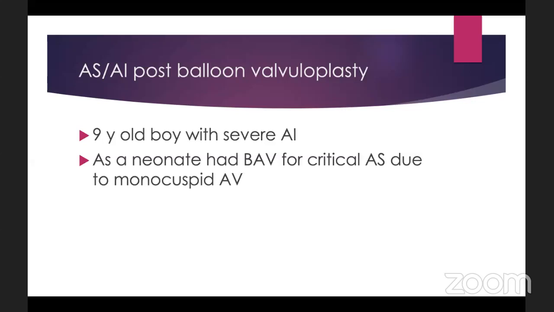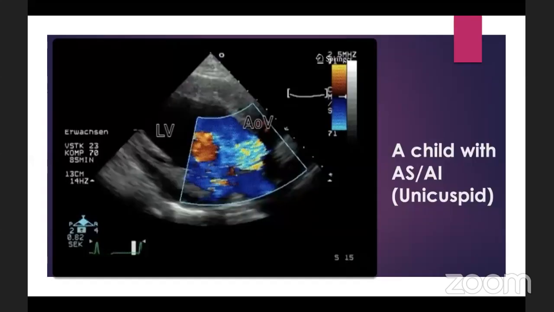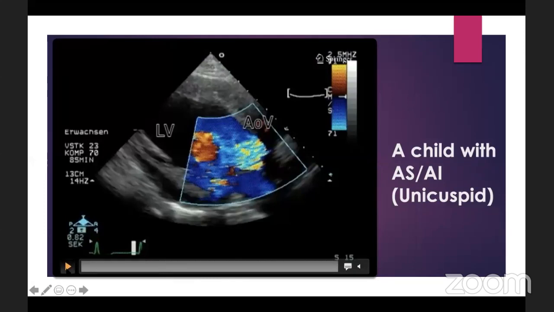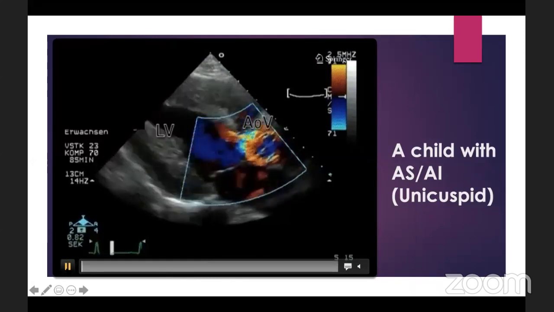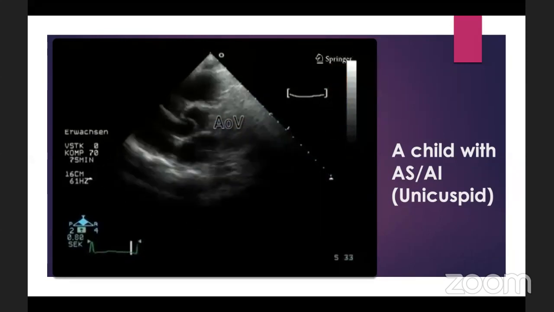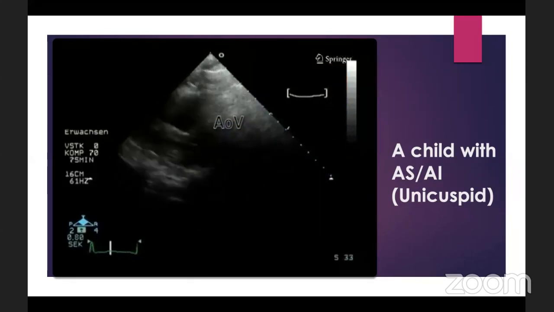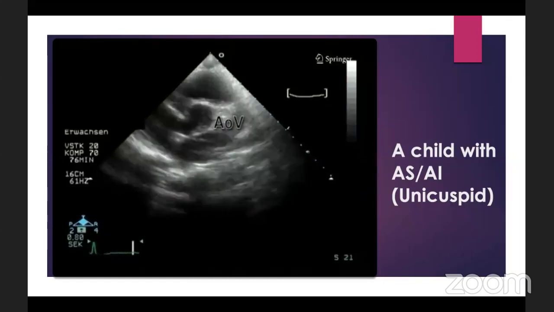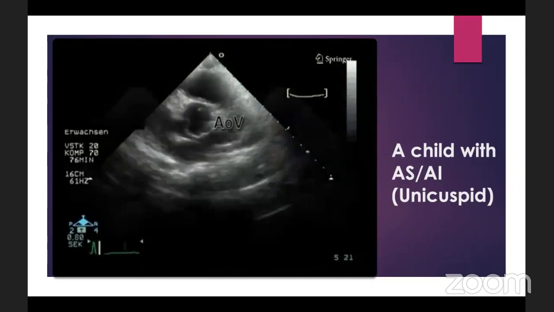And the underlying pathology is believed to be a unicuspid aortic valve. So this is another example of an aortic valve repair, but it will use a different technique. I'll show you in a minute. So predominantly regurgitant valve, not mixed type pathology.